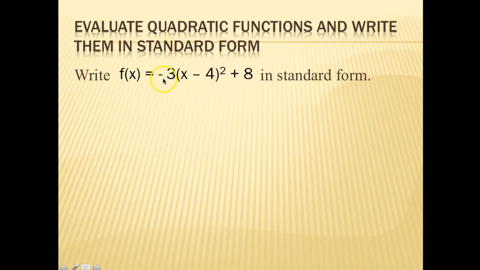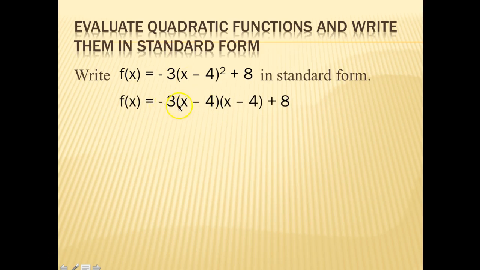Remember, you cannot multiply negative 3 times anything in this parenthesis until we take care of exponents. Order of operations: you must do what's inside parentheses first, exponent second, multiplication third, or division, depending, and then addition and subtraction last. So in this case, I cannot distribute negative 3 until I square (x minus 4).